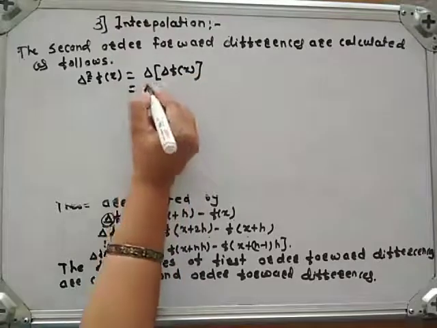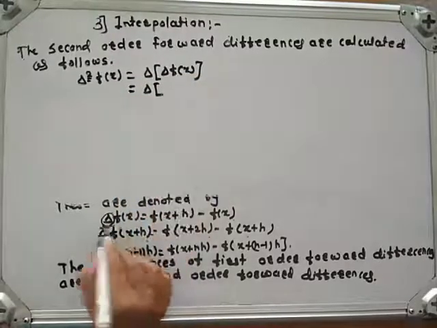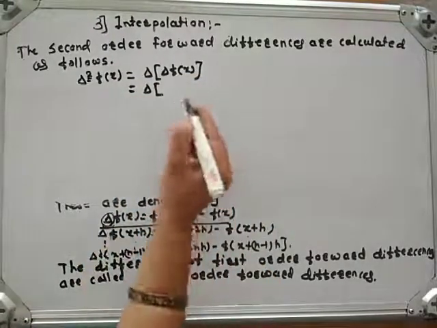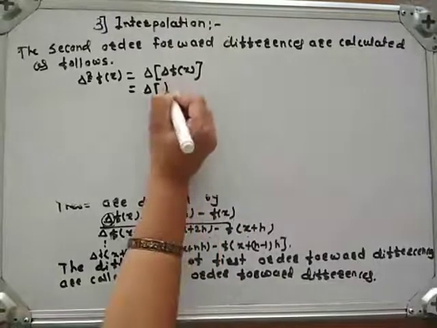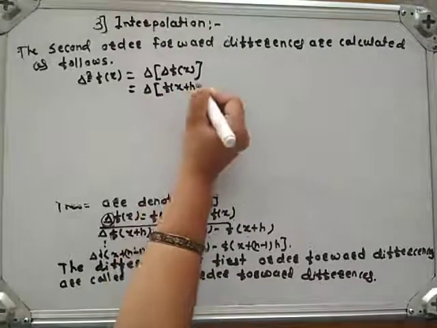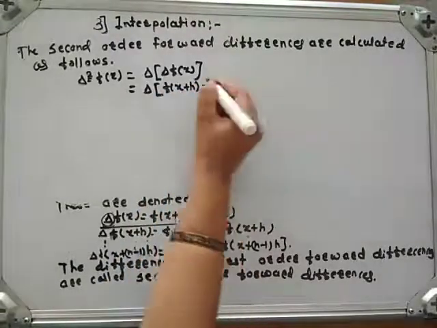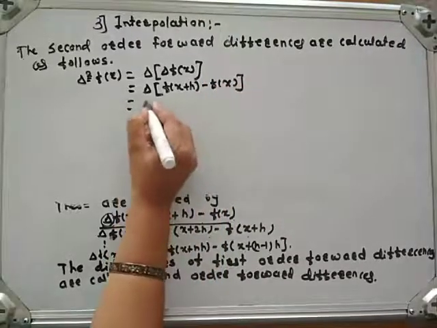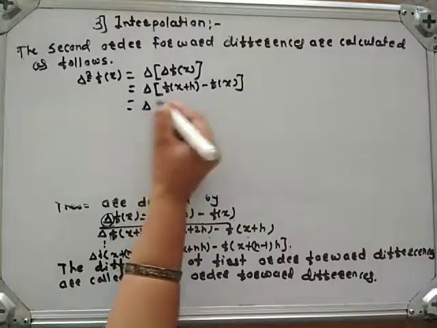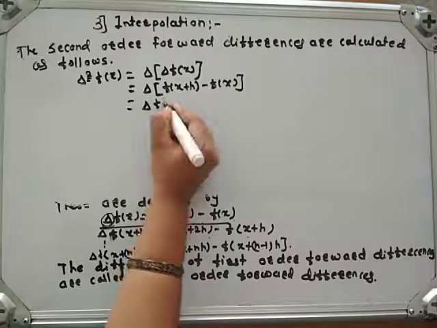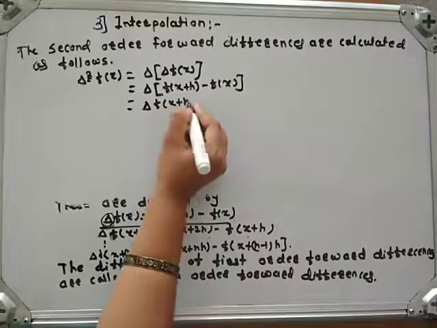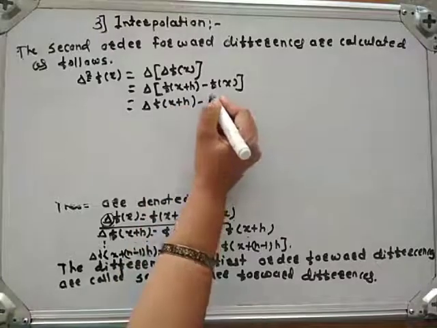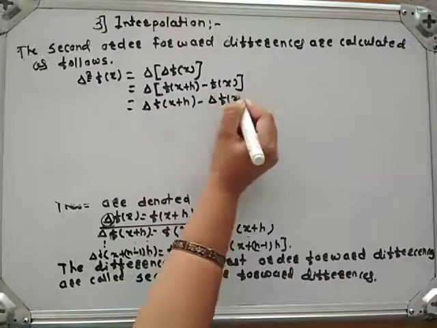See here, what is delta f of x? It is f of x plus h minus f of x, which is nothing but delta f of x plus h minus delta f of x.